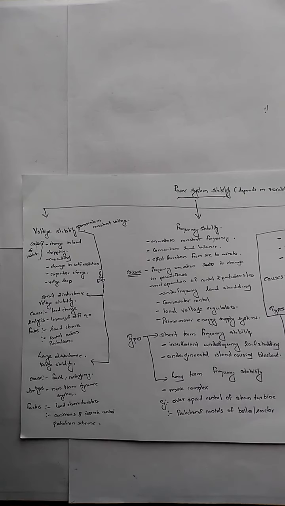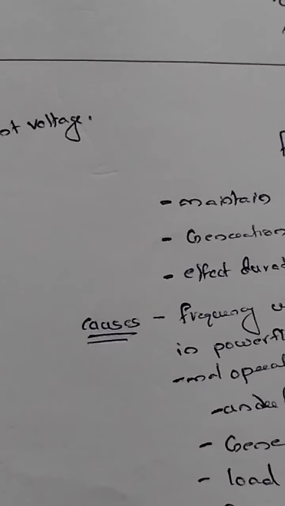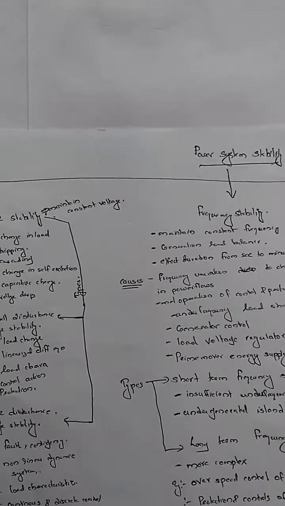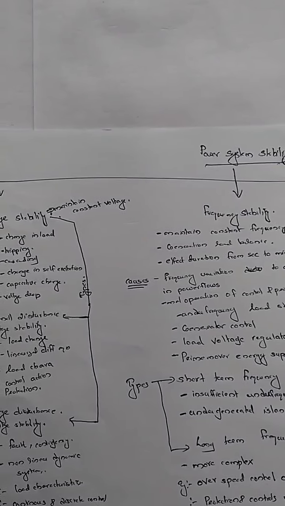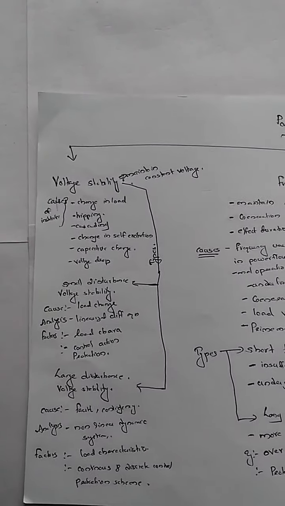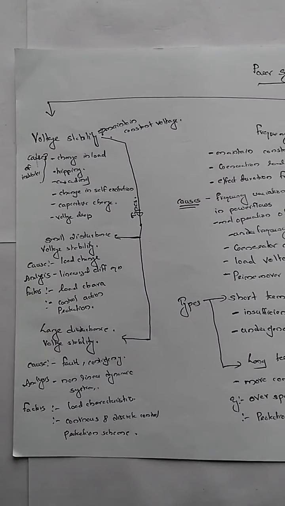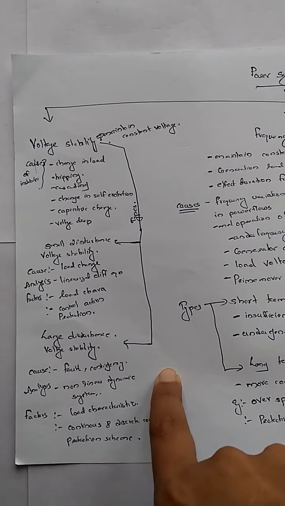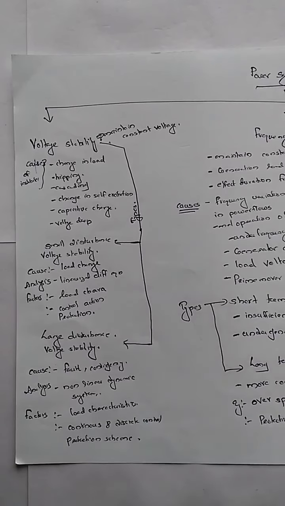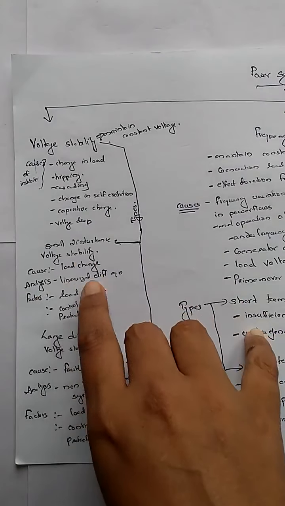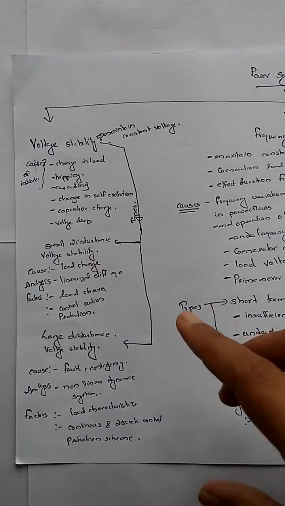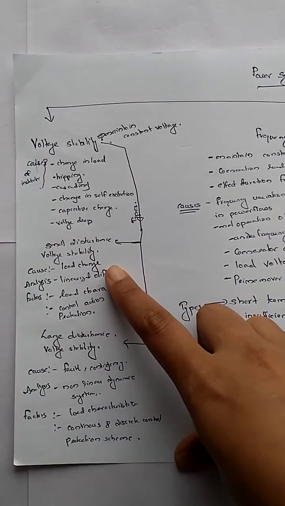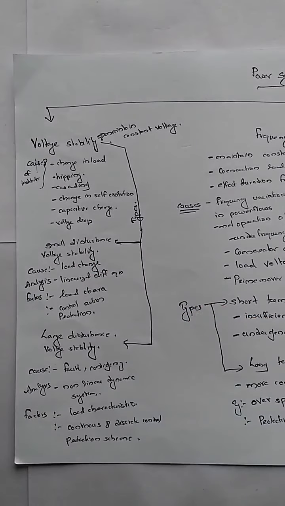Okay, depending upon the nature of the problem, we have classified voltage stability into small disturbance and large disturbance voltage stability. Small disturbance means it requires only a small load change, that is usually the load change.